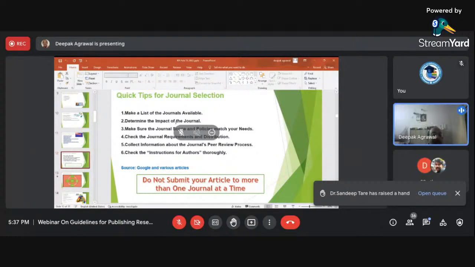Then determine the impact of the journal. Impact factor, as I told you, is nowadays very fancy. An impact factor somewhere around 5, maybe 4 to 6, is considered satisfactory. But again, it varies.